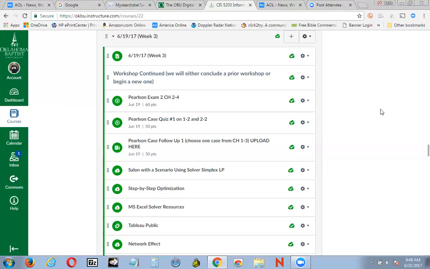The technology acceptance model over on page 126 in the Perelson text is very, very important, and it's probably the most well-known model outside of the S curve of innovations that is used to talk about how people will adapt and use a new technology.